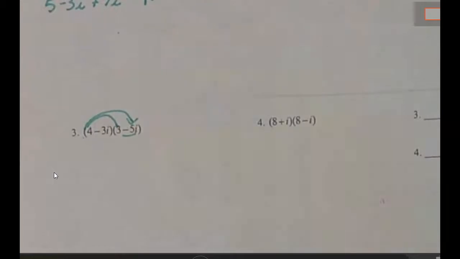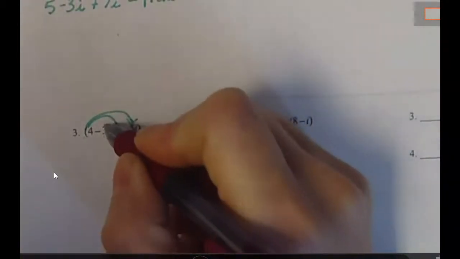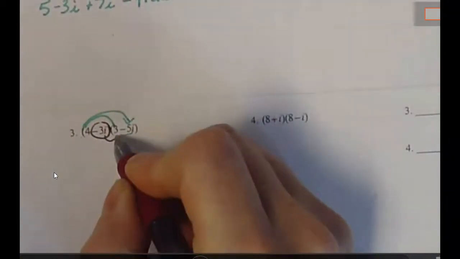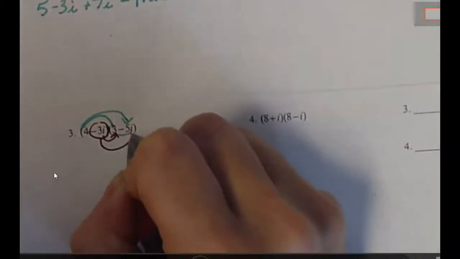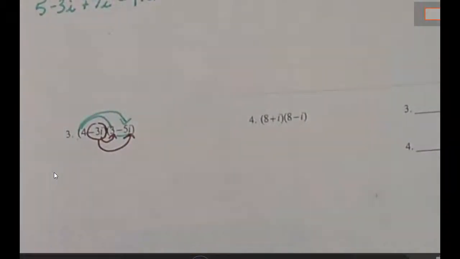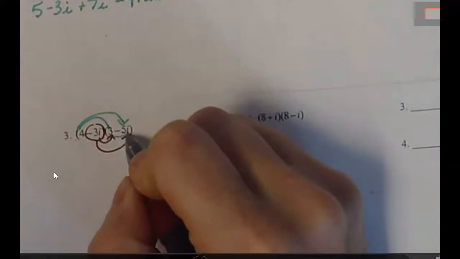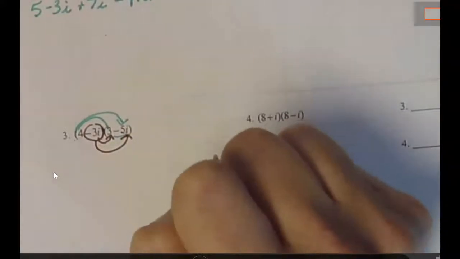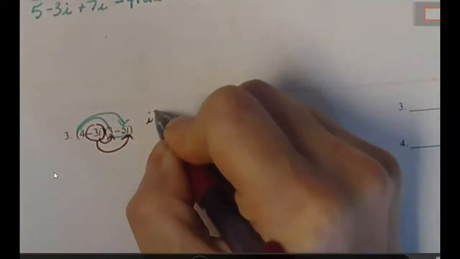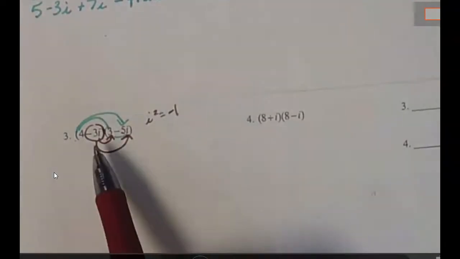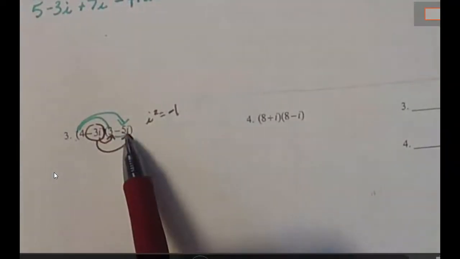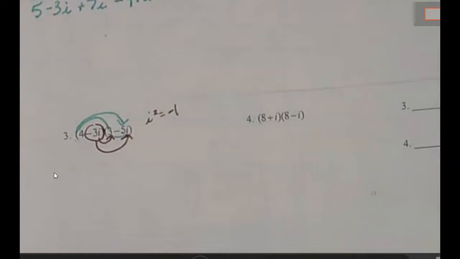But then also remember, next part, -3 times 3, and then a -3i times a -5i, so don't forget that's going to be an i squared problem where you have to sub that in. You also are going to have a negative times a negative, and then you'll combine like terms.